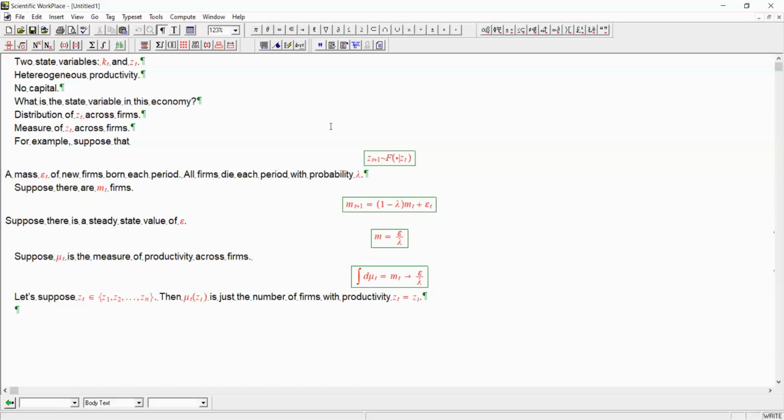And how is that going to evolve? Well, let's take mu of one of these values. How can you end up with mu of zi? Well, one possibility is that you had that value before. Of course, you would have to have survived, so this is 1 minus lambda in front.